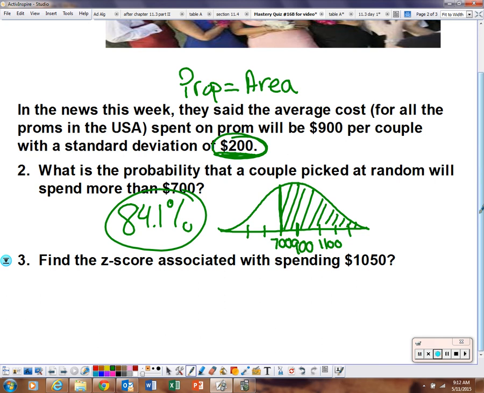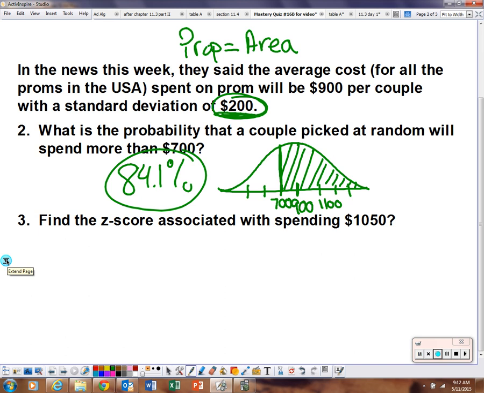Okay, the next one. Find the z-score associated with spending $1,050. So remember, z equals x bar minus mu divided by the standard deviation.